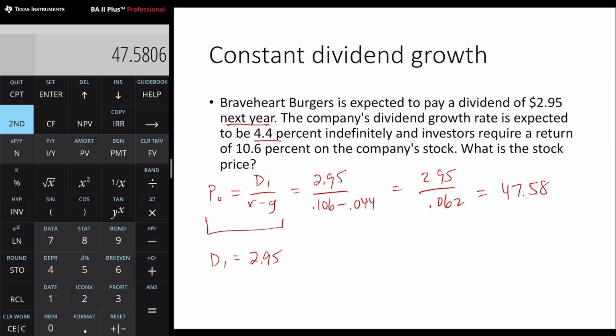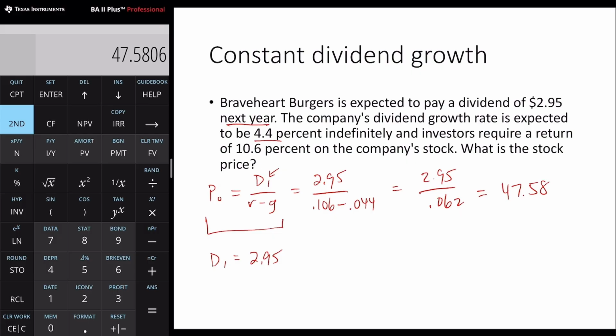All right, so in this particular formula, you can see what we need at the numerator at the top is D1. That's one of the biggest areas where students get tripped up: they see the problem states that the company pays a dividend, and they just throw it in there.